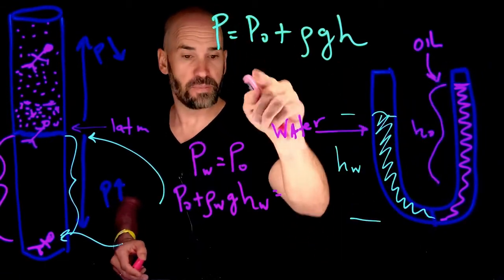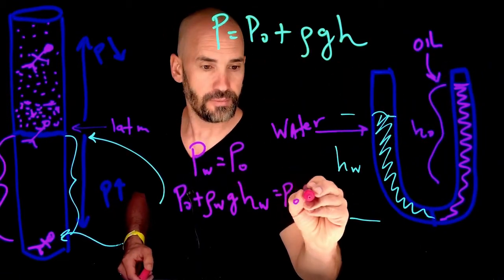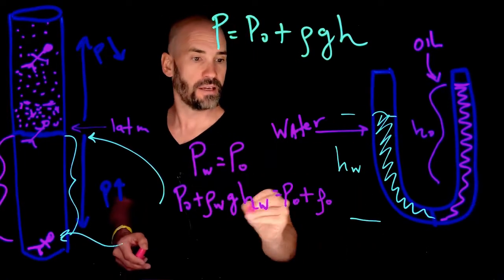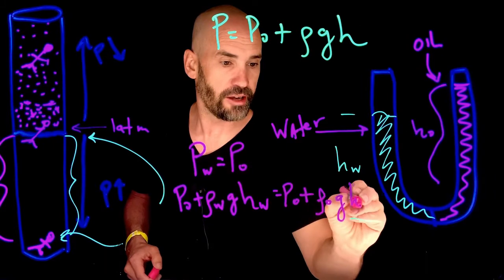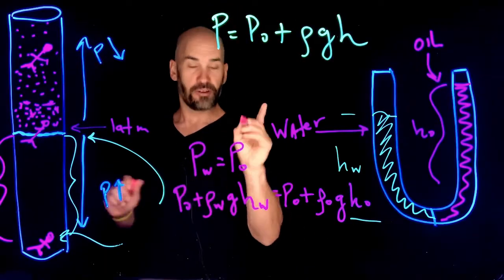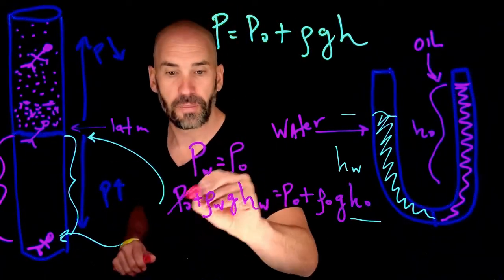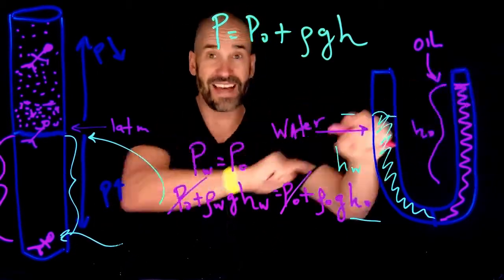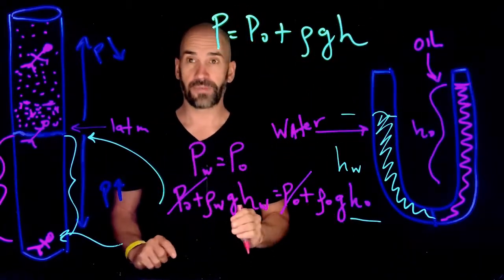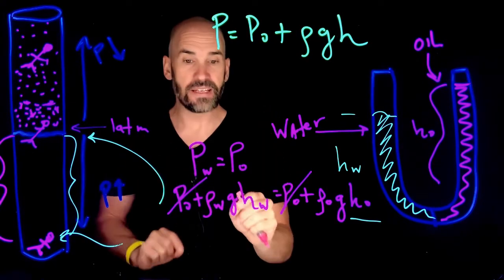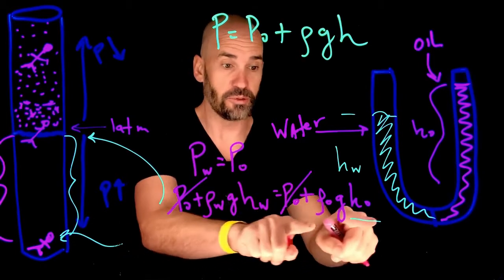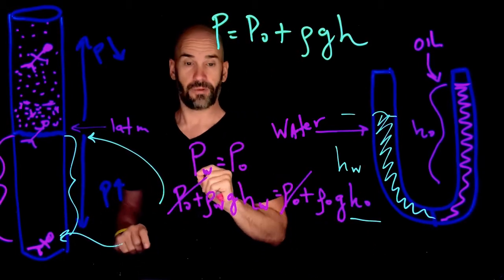Well, again, it's P0, the atmospheric pressure, plus now the density of the oil times gravity times the height of the oil. Here's two cool things that happen. First, the P0 is the atmospheric pressure. That's atmospheric pressure for both of these guys at the top, so that cancels out, right? That means that it's just this little equation here equals this little equation over here, right?